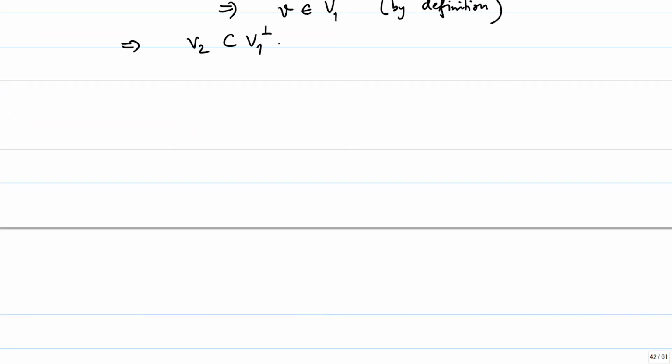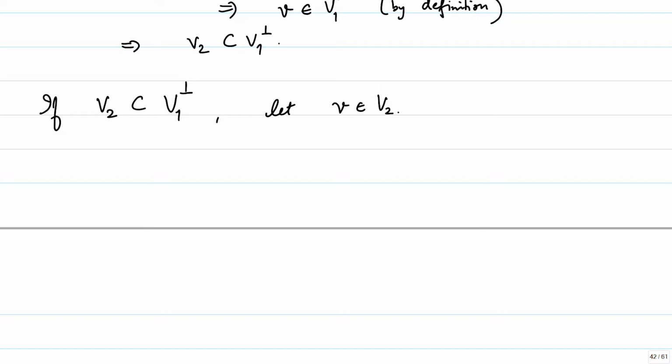How about the other way? If V2 is contained in the orthogonal complement of V1. Okay, I meant orthogonal complement of V1 earlier as well, even though I said orthogonal complement of W. So, if V2 is contained in the orthogonal complement of V1, then let V be in V2.